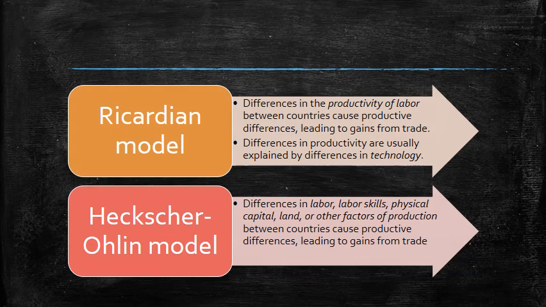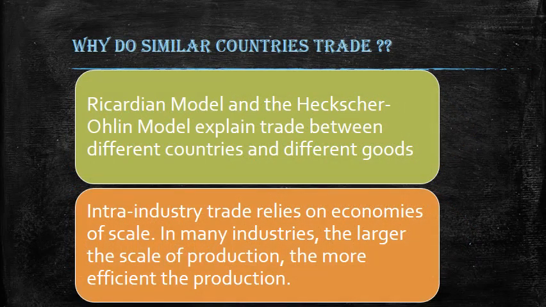Differences in productivity are usually explained by differences in technology. But in the Heckscher model, there are differences in labor skills, physical capital, land or any other factors of production between countries which can cause productive differences. So in the Heckscher model, you can have as many factors of production as you desire. The model will just keep getting more and more complicated.